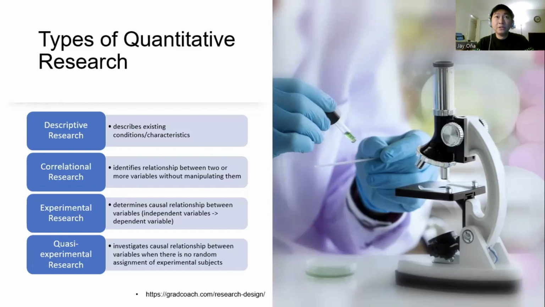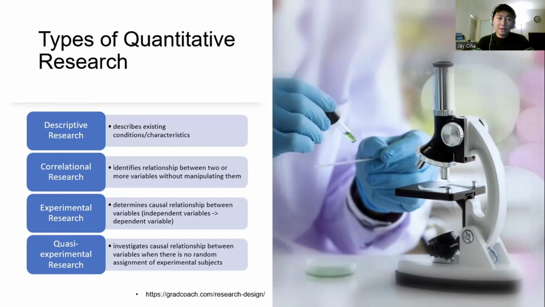Let's say, for example, there is a new teaching method that we want to see the effect on different groups of students. So these groups of students are already existing, and we just want to see the effect of that teaching method from one group to another.